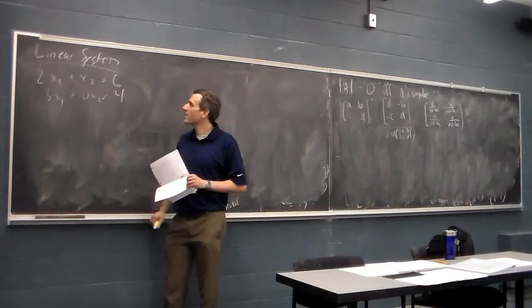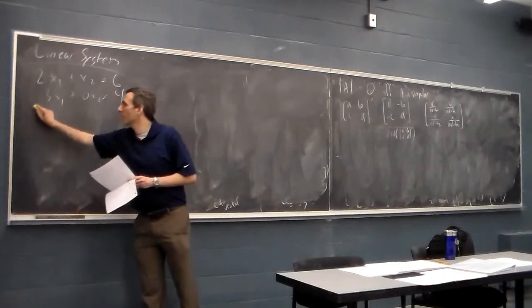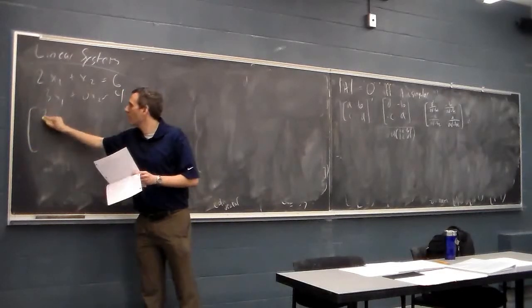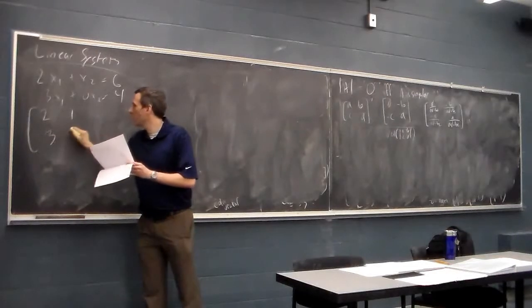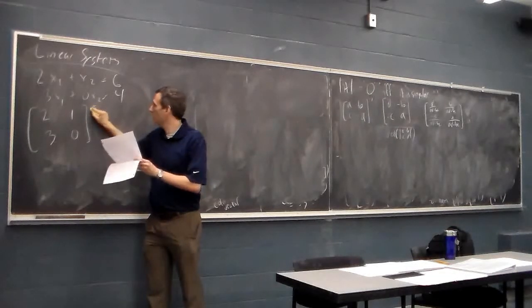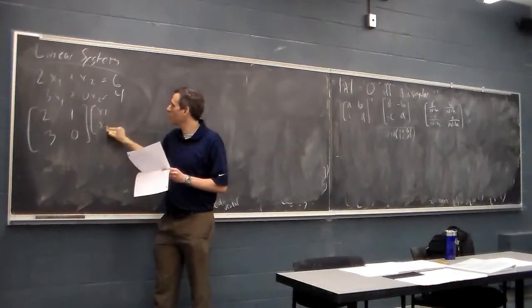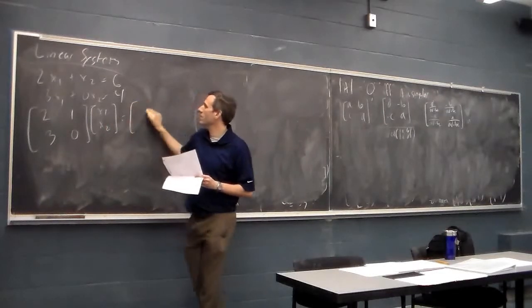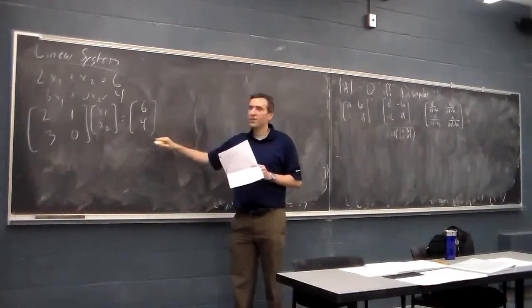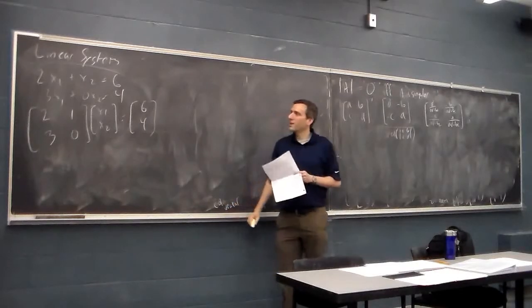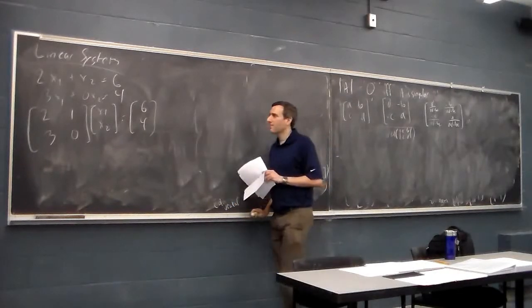So we could rewrite this particular system of equations in terms of matrix notation as the matrix 2, 1, 3, 0 times the vector x1, x2 equals the vector 6, 4. It's just a way of rewriting that, but a convenient way of representing these.